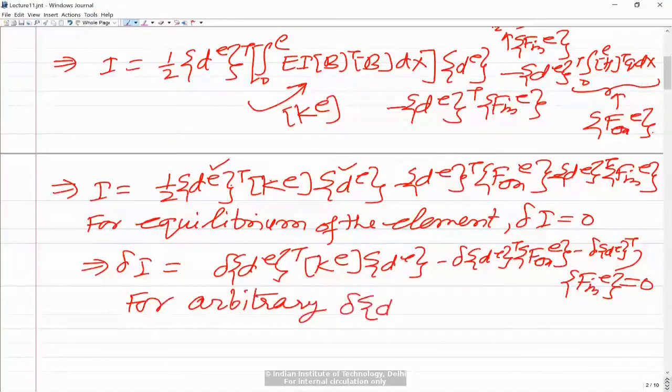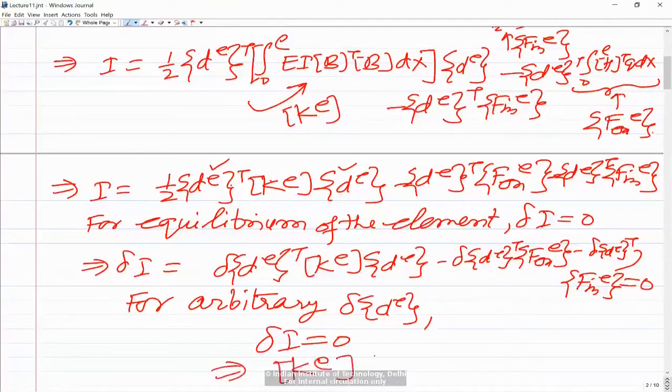For one particular combination, Ke d equal to f external plus f internal could be 0 without the equation holding generally. But if delta d is arbitrary, then delta I equal to 0 gives basically the element level governing equation, which is Ke into de is equal to f external for the element plus f internal.